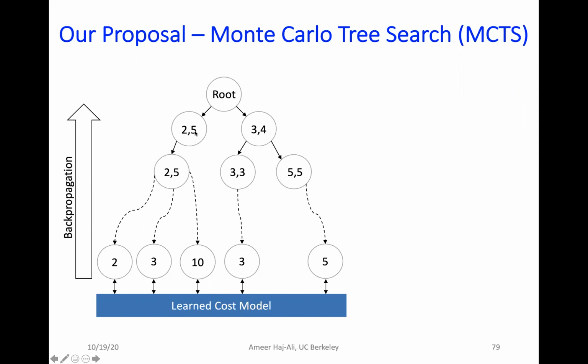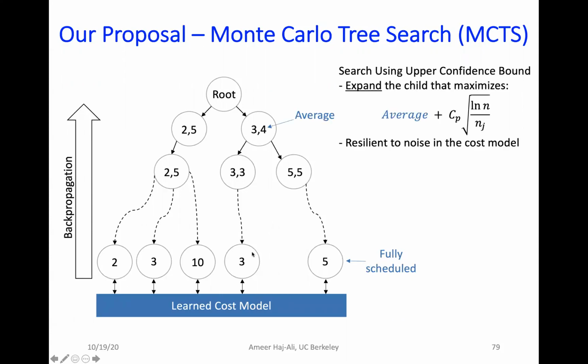And the value on the right is the average of the rewards we collected here. The advantage of this approach is that we do not really evaluate the cost on all these intermediate steps. We just wait for unfolding the program. And then at the very end, we evaluate on fully scheduled programs with the learned cost model, and we backpropagate that. We backpropagate the average on the right, and on the left, we store the best.